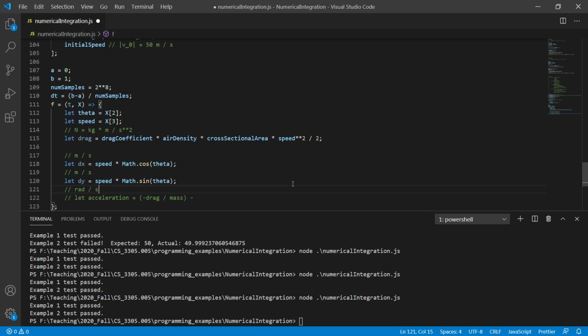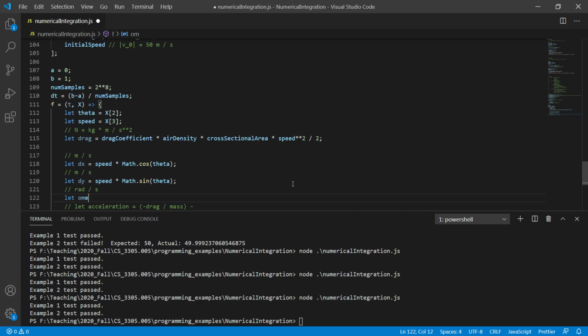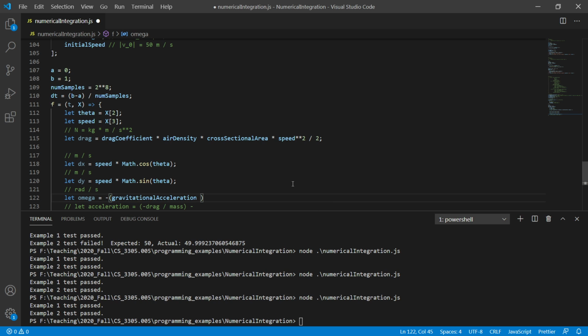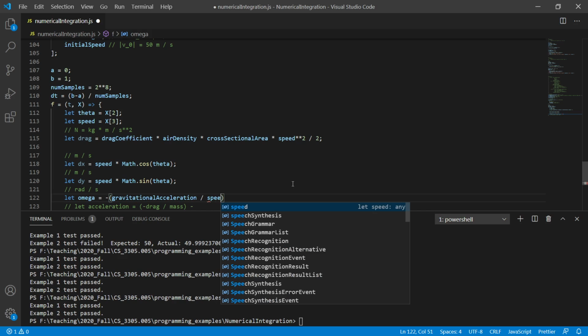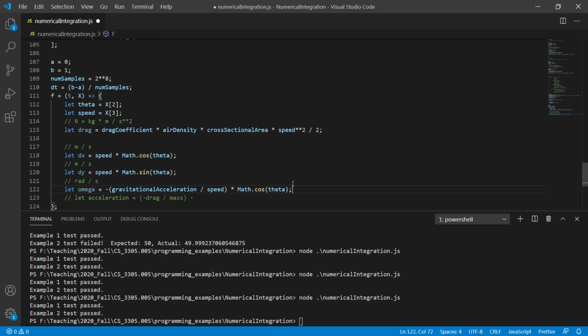We'll come back to that. So the angular velocity, omega, is our gravitational acceleration divided by our speed. Okay. So now we have our acceleration.